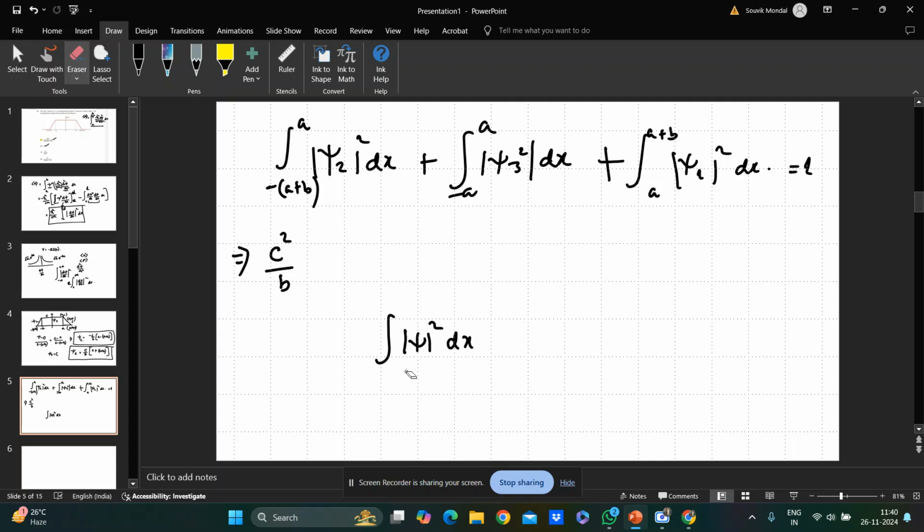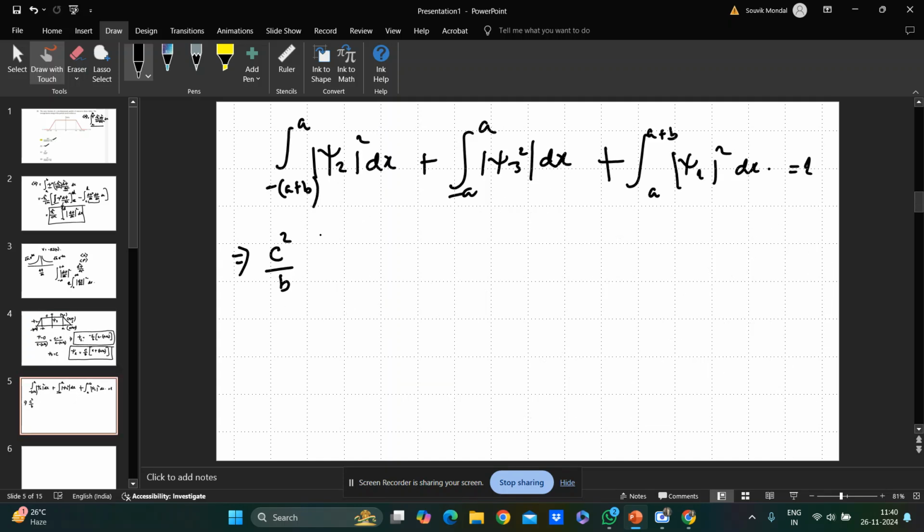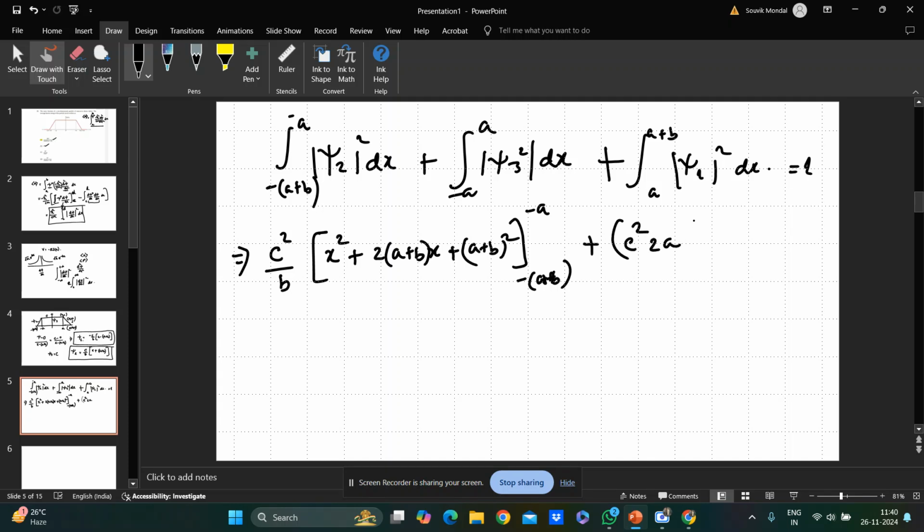Let me erase this. So c square by b square times x plus a plus b whole square, that is x square plus 2 into a plus b into x plus a plus b whole square, and the limit is minus a plus b to minus a, plus psi 3 square, minus a to a, so c square into dx, that is 2a c square.